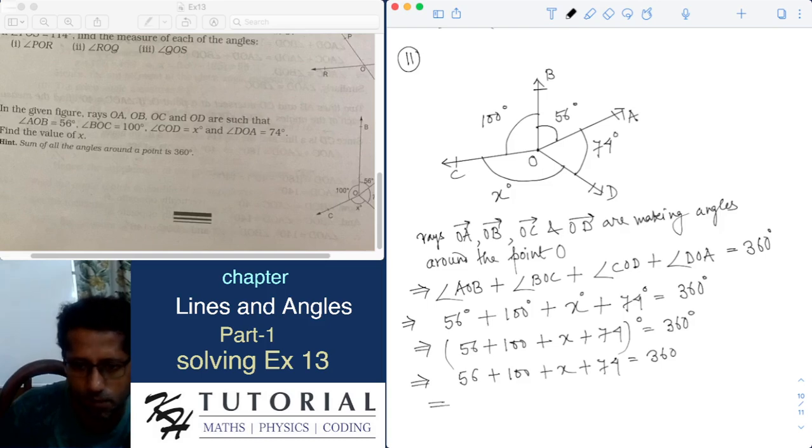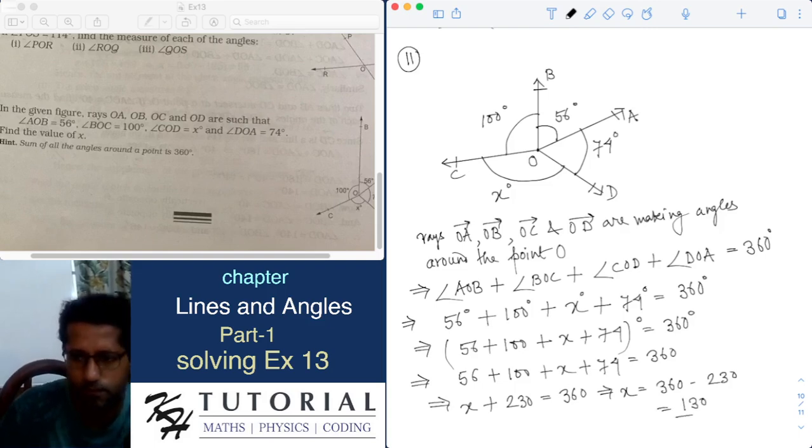If we keep X and add all the constant terms on the left hand side, 56 plus 74 is 130, so we get 230 plus X equals 360. This implies X equals 360 minus 230, that is equal to 130.